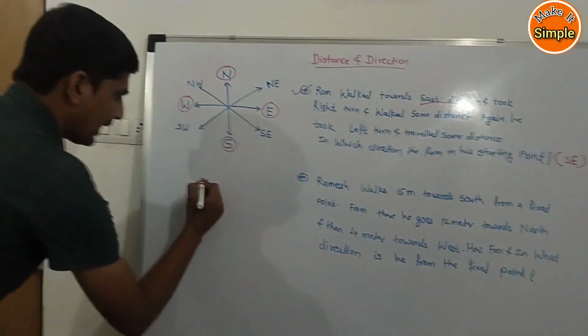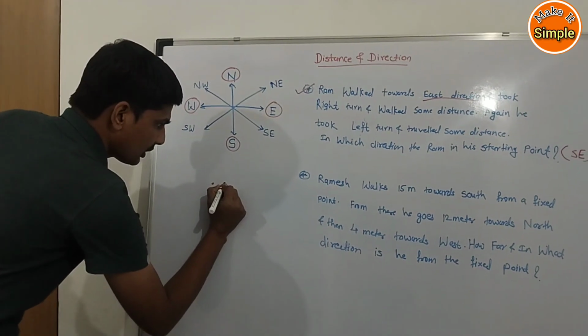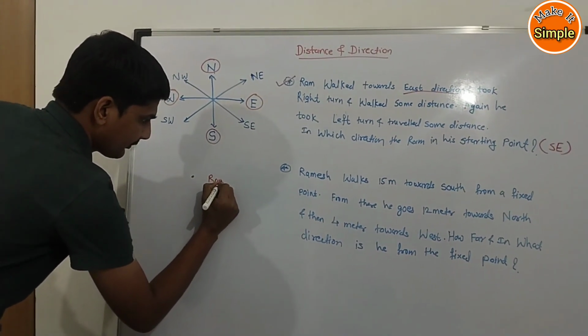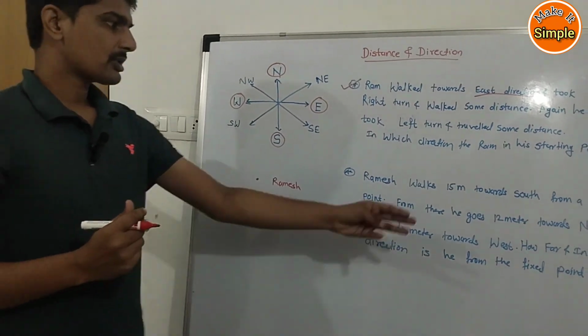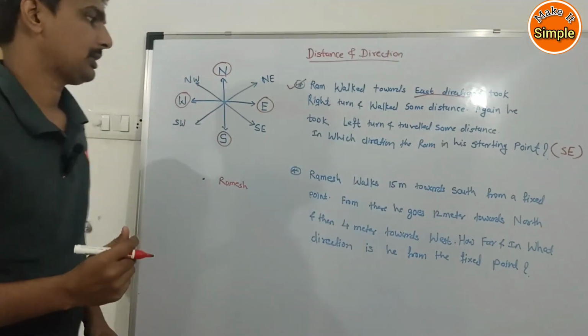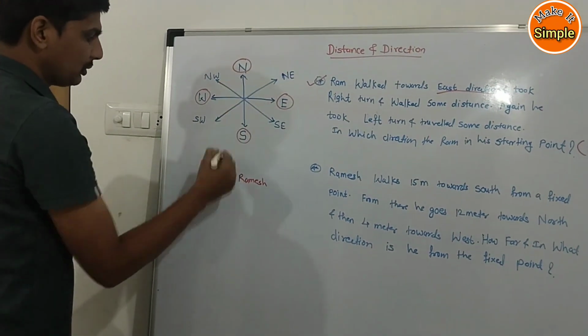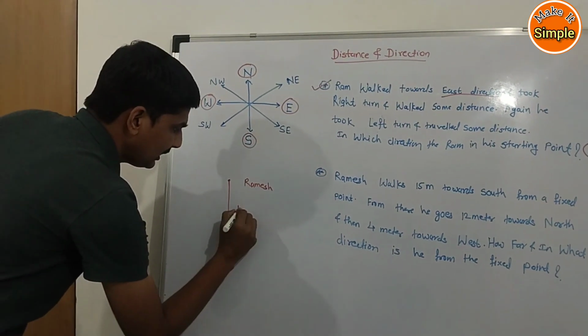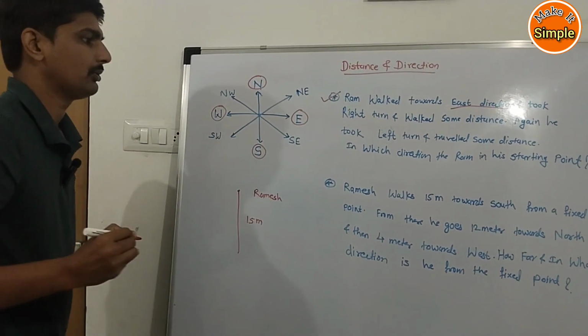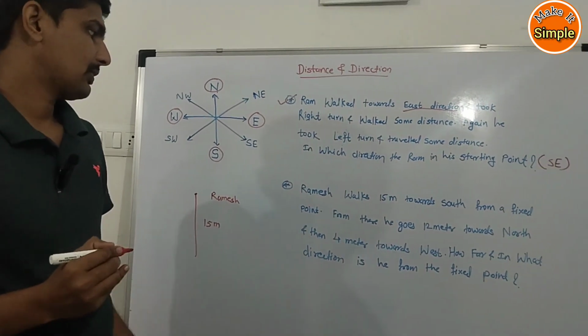Let us say this is the fixed position of Ramesh. From his fixed position he walks 15 meters towards the south, so he has moved downward.